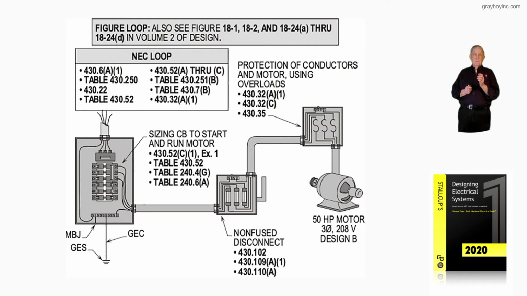Now, for sizing the overcurrent device to start and run the motor, the first section we would look at is 430.52(C)(1) to round the device down, or use exception 1 and round the overcurrent device up, as we looked at.